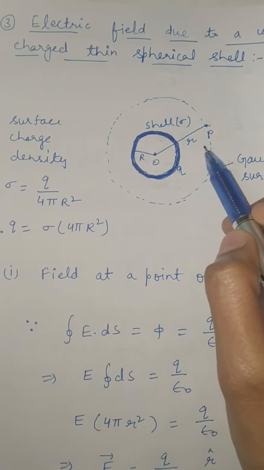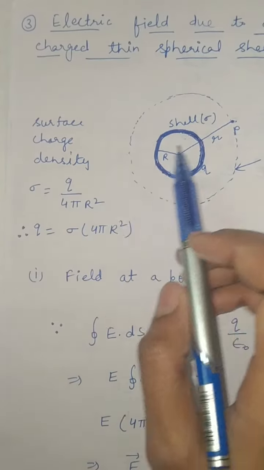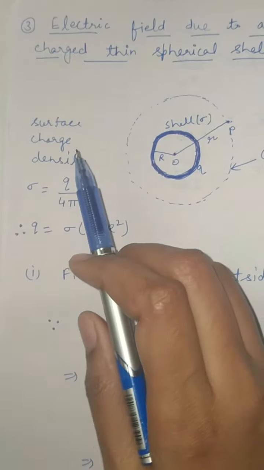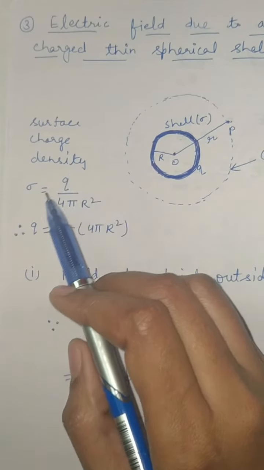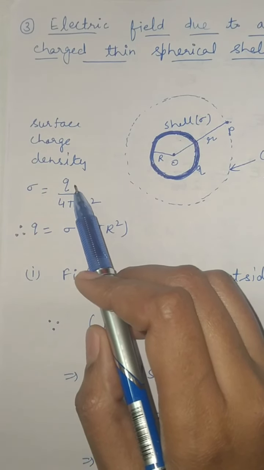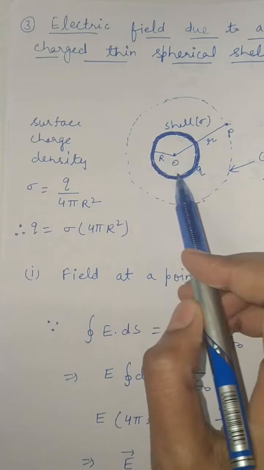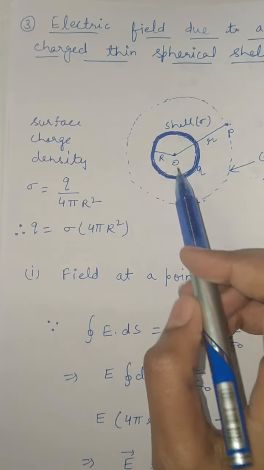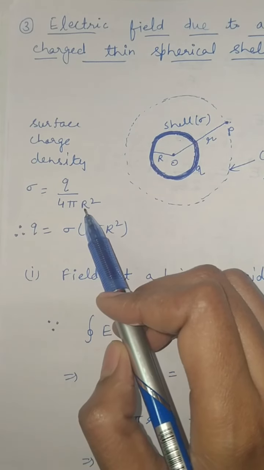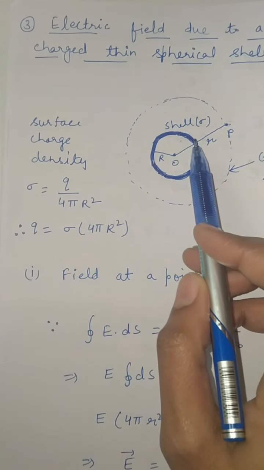So first see how the surface charge density sigma is defined. The surface charge density is defined as sigma is equal to Q over area, where Q is the total charge on the shell, divided by the total area of the shell.